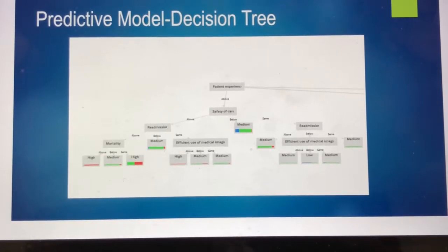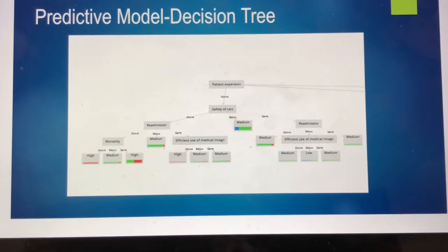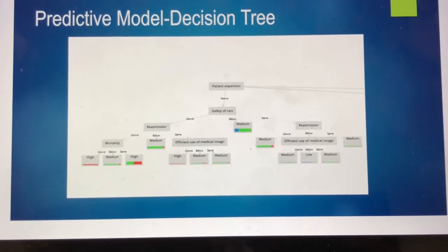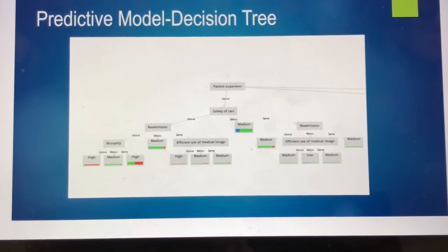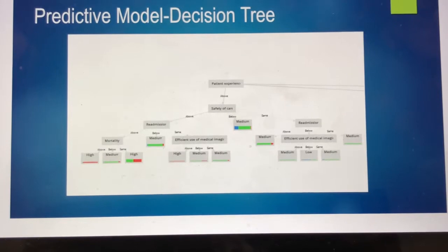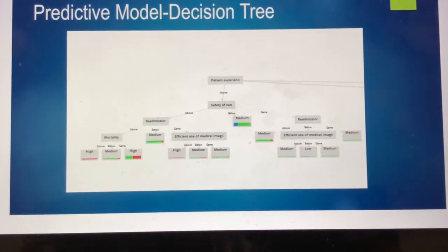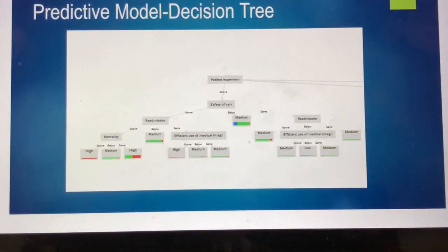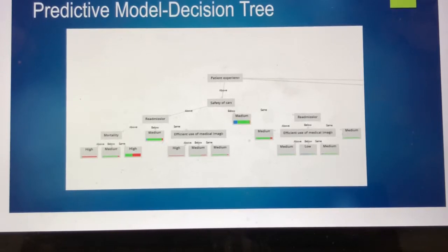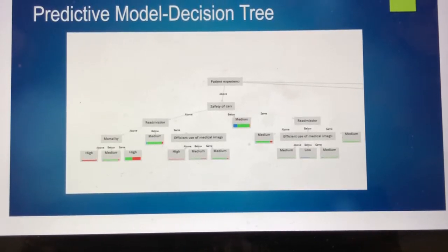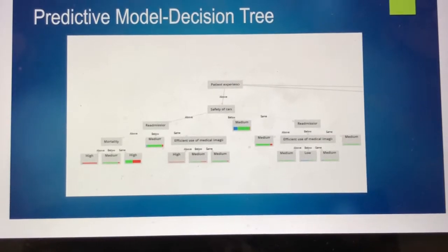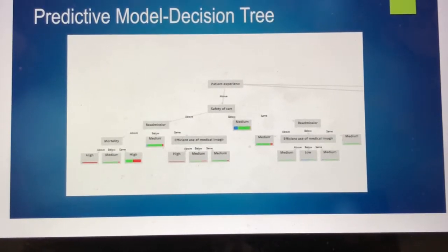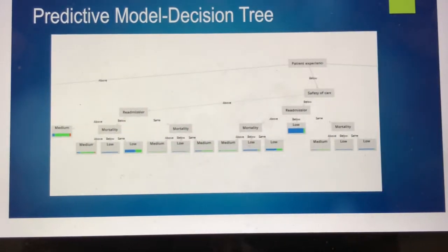Based on the decision tree, the three most significant factors of the overall rating are the patient experience, safety of care, and readmission. If the hospital is evaluated the same as or below the national average, it will probably be evaluated as medium or low rating.